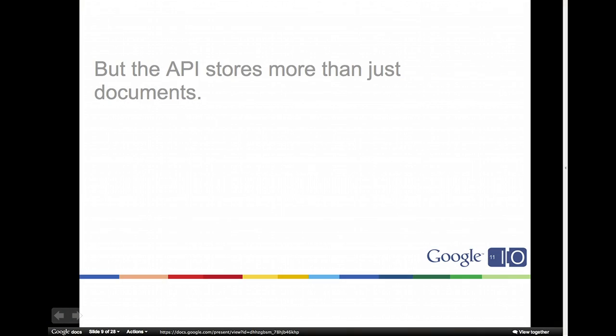But you might be thinking to yourself that the API only stores documents, and that's actually not true. The name Documents List API is a little bit misleading because the Documents List API actually stores all file types now for all accounts.